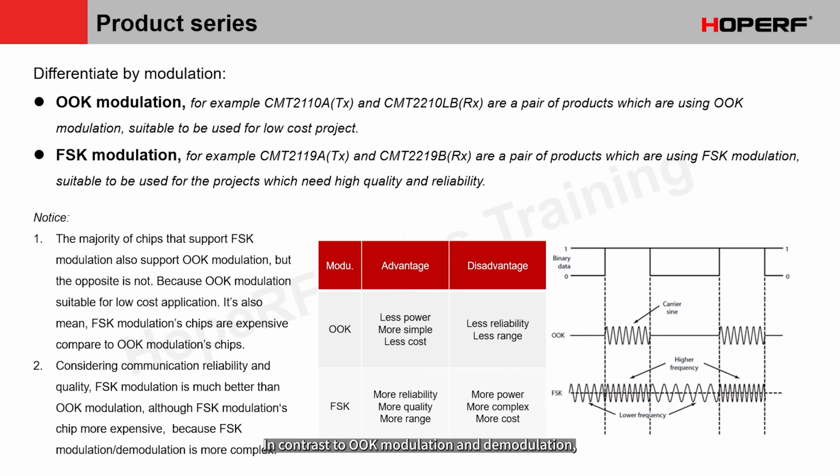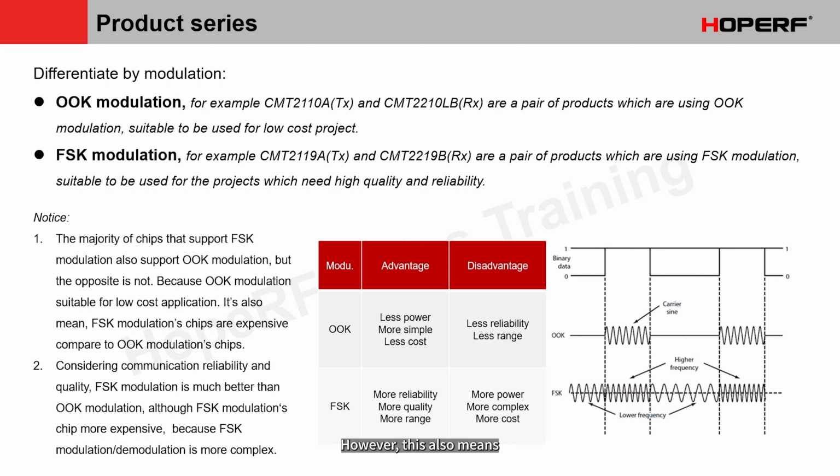In contrast to OOK modulation and demodulation, FSK consumes the same power when transmitting both data 1 and data 0. Its transmission power consumption is quite similar. The only difference is the frequency for transmitting 1 and 0. This makes the transmission signal quality more stable.